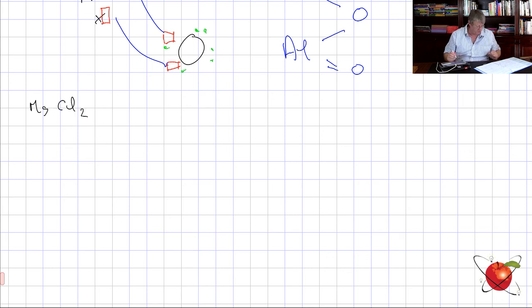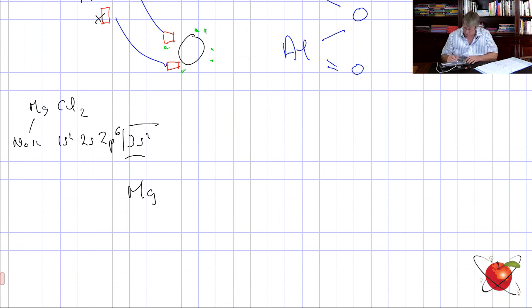What happens is we've got magnesium, which is number 12. So we fill it in: 1s2, 2s2, 2p6. And magnesium was in level 3, and it was 2 along, so it's got 3s2. There's my electrons, Mg, and I've got 2.